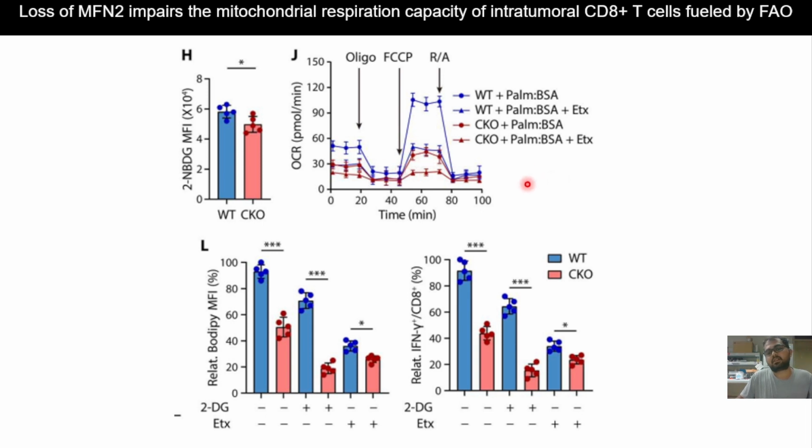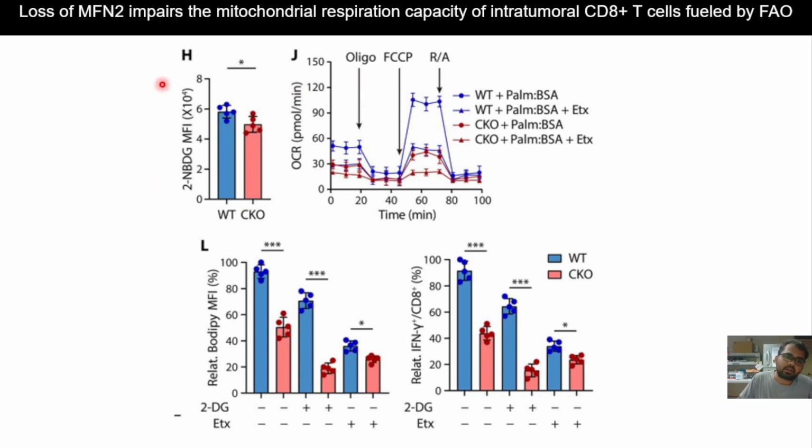So we suggest that in the knockout they are not able to use this palmitate efficiently, which means oxidative phosphorylation is compromised in these cells. And further, when they use ETX, it goes further down, which suggests the same conclusion.